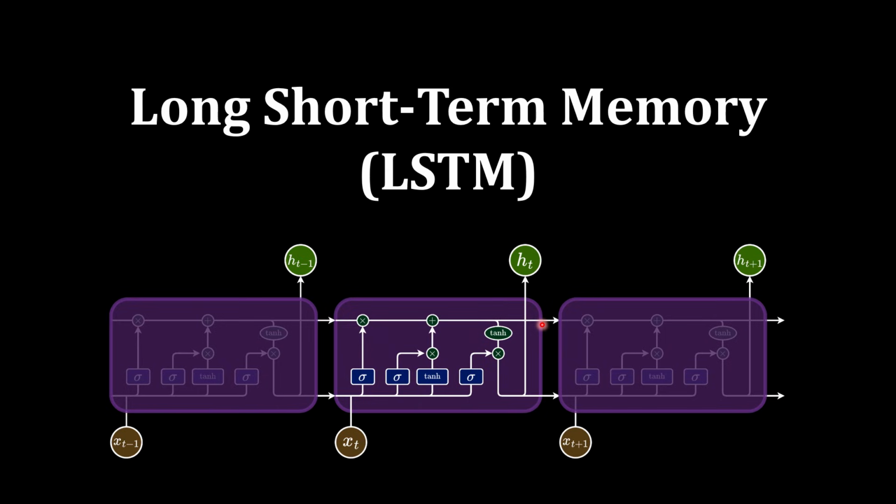This conveyor belt is extremely important, as you can see here. Information can flow along it with very little modification, and along the way we can add information, remove information and filter information. That is the key mechanism. And today we are going to discuss exactly how that happens.